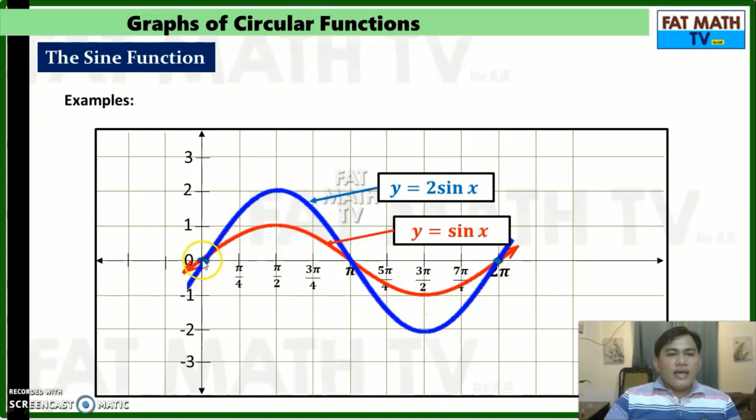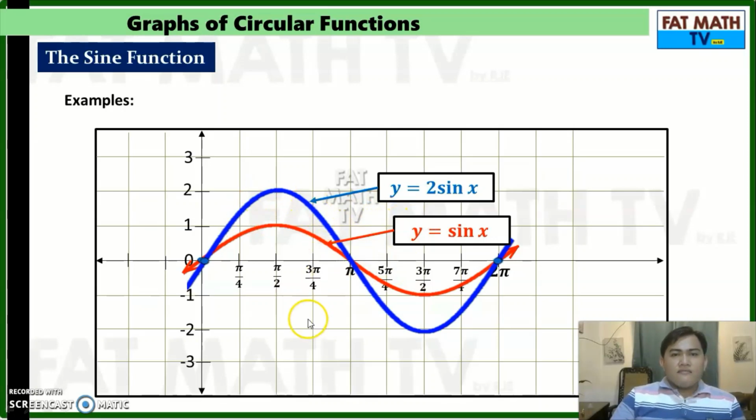Okay? So when x is 0, y is still 0. When x is pi, y is still 0. And when x is 2 pi, y is also 0. The highest value is 2 and the lowest value is negative 2. So this is stretched vertically since 2 is greater than 1.